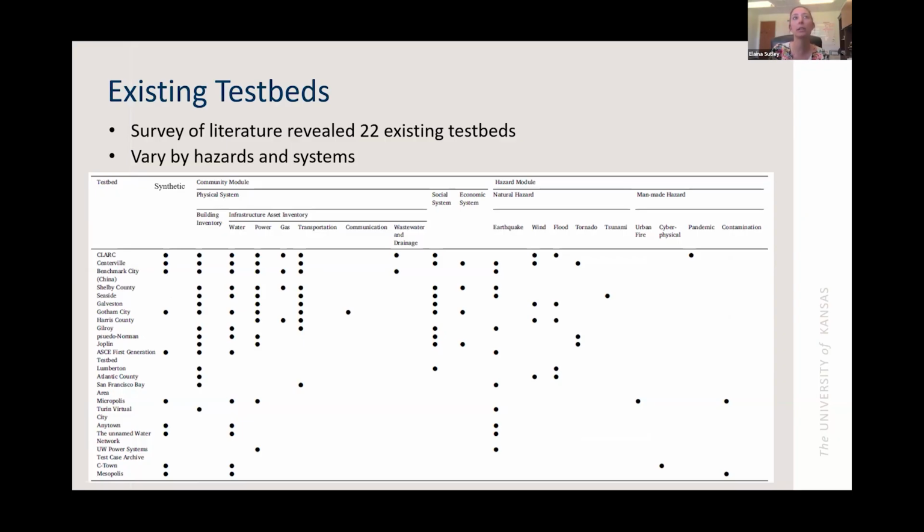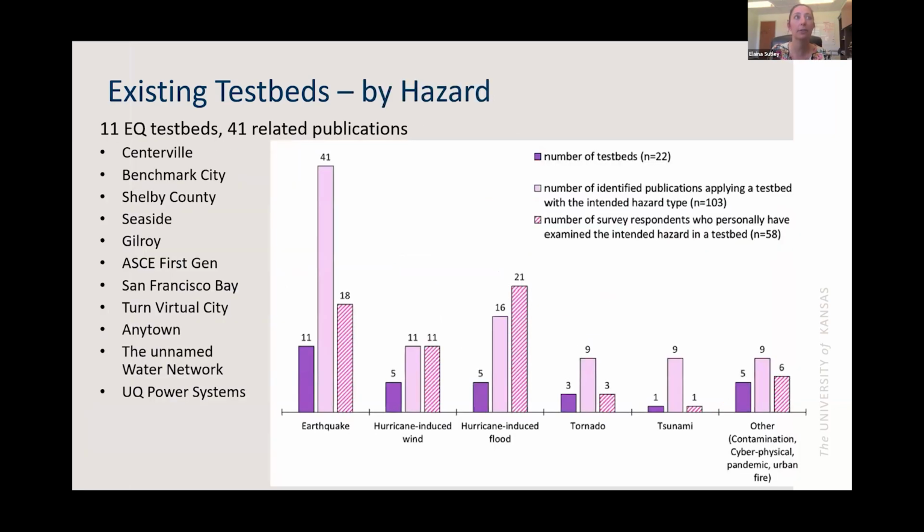And so then we marked what physical systems were represented in the test bed. And you can see we were able to break that down into several types of infrastructure systems. We ended up needing to merge anything social into one category and anything economic into one category, because these were much fewer and farther between where they existed. And then we marked which hazards had been analyzed for each test bed based on that literature review.